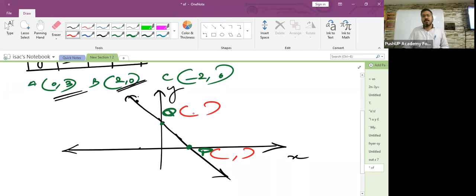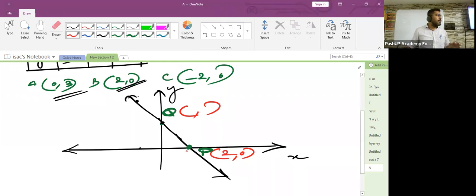Can you tell me what would be the coordinates? Wait a minute, Sean. At which point is that line touching the x-axis? I think the coordinates of point P will be 2, 0.